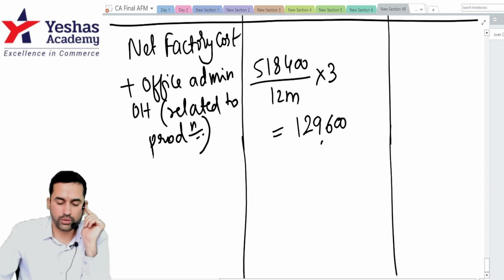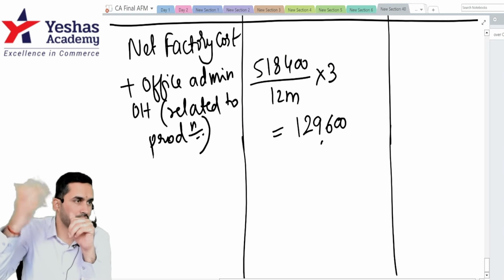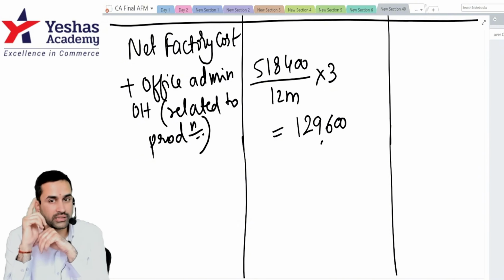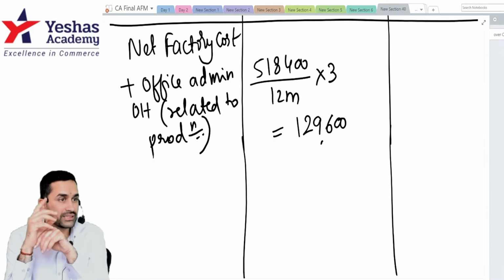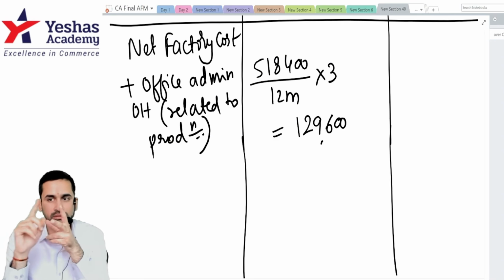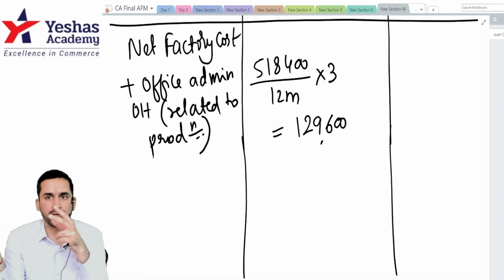Sir, why are we doing this on time, 12 months, 3 months? Why can't we do it on units basis? I've discussed this in the first day class itself. Fixed cost, we don't estimate on unit basis. Fixed cost is always time basis. Rent per month, station per annum.